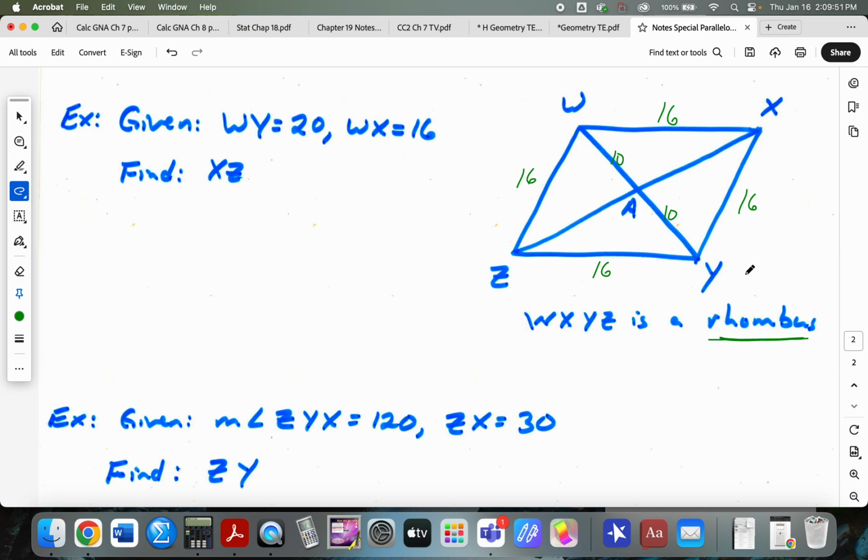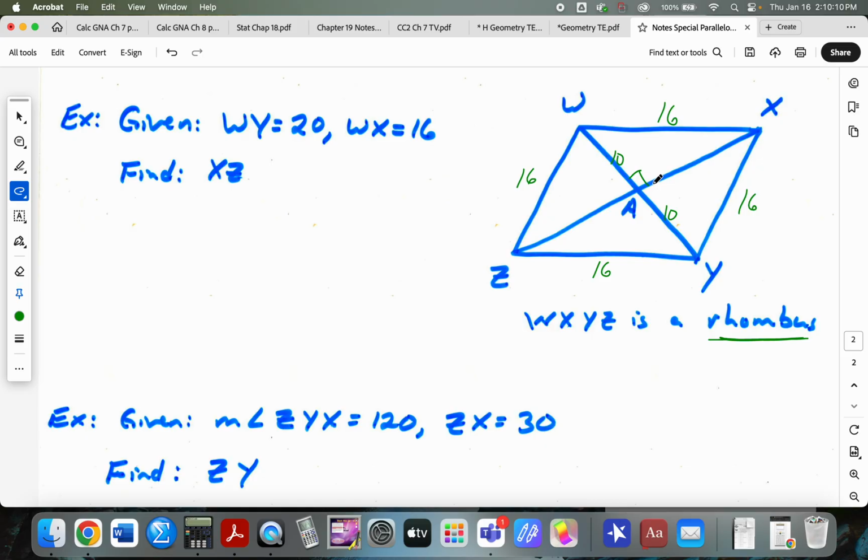And we're looking for XZ. We're looking for this whole thing. Well, we kind of have the opposite problem of what we had in some of the rectangles. ZX is not part of a right triangle, but this is a right angle.